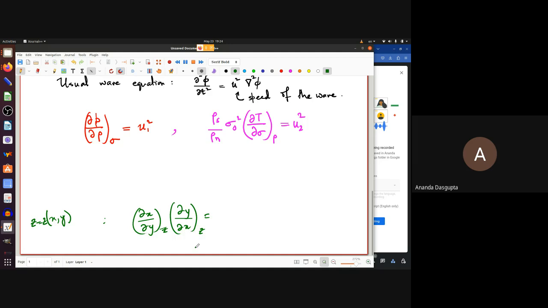This actually is very obvious, this one. One of the first things that you learn when you learn partial derivatives in the very first year is that partial derivatives are not always like ordinary derivatives. For example, things like del x del r and del r del x are not necessarily reciprocals of each other, right?